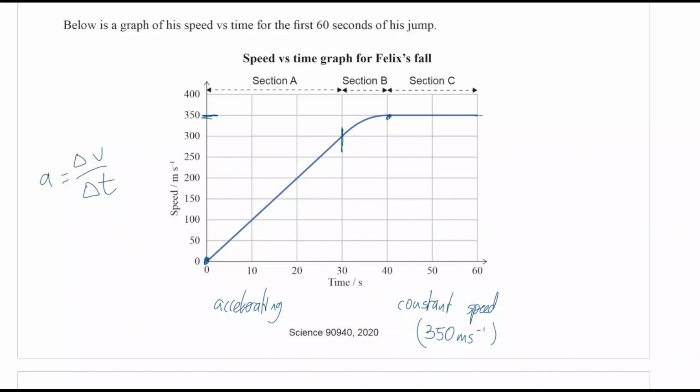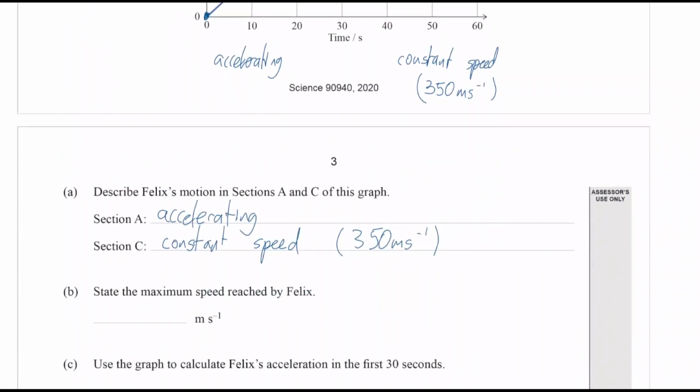Now, we don't know what the graph looks like beyond this, because we're only given the first 60 seconds, but if we think about it, this would be his terminal velocity, which means the forces of his weight force would have balanced with the frictional force, and he won't be able to gain any more speed. So the maximum speed reached by Felix is 350 meters per second.